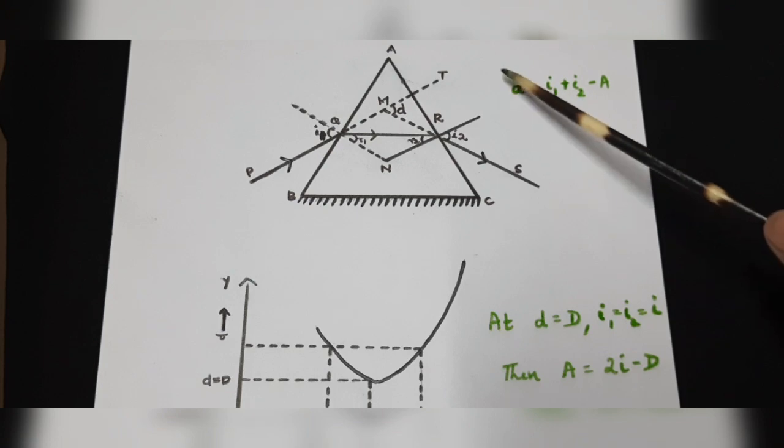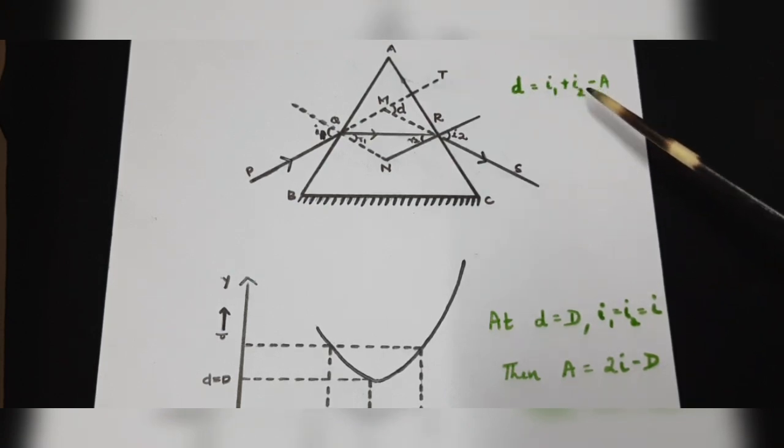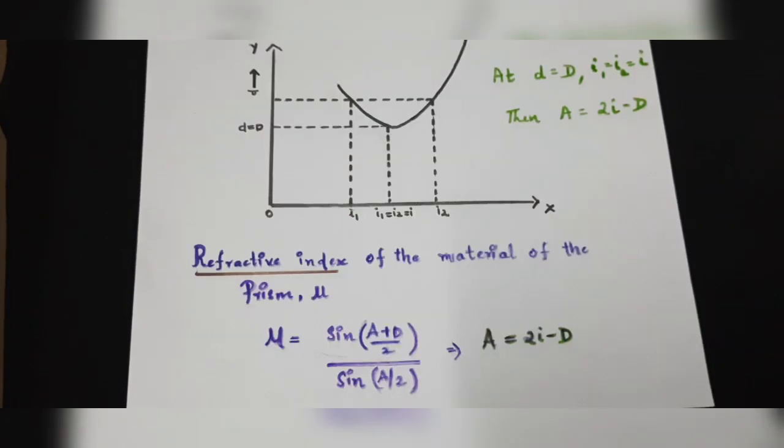So I'll replace this with capital D and this by 2I. So my equation becomes A equals 2I minus D. That is, the angle of prism will be twice the angle of incidence corresponding to the condition of minimum deviation. This relation we will be using to find the angle of prism once the I-D curve is drawn.